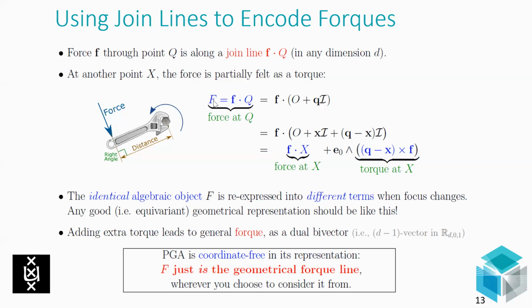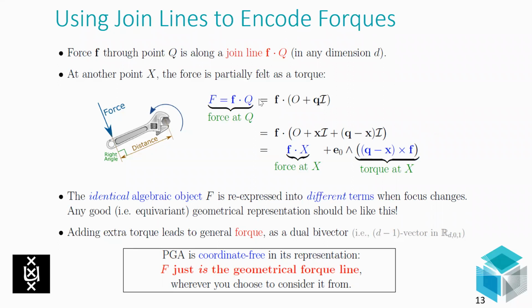If you have this algebraic object that represents this force through this line in space, and you say, well, let me see what it looks like from another point, then you find that this algebraic object remains exactly the same, but your split into a bit that is force and a bit that is not force, that's actually torque, automatically generates the right terms. This is the torque, this is the force.